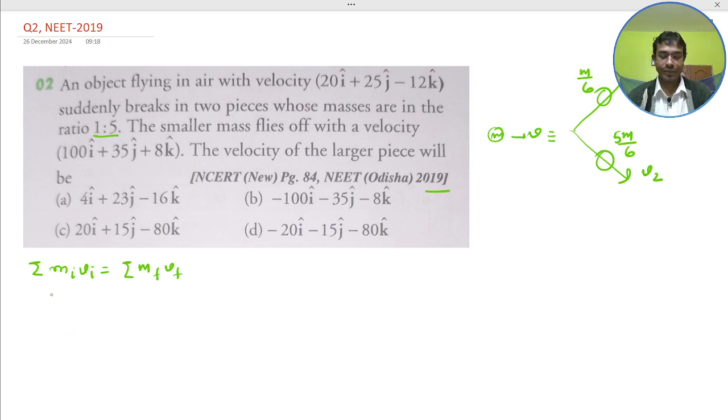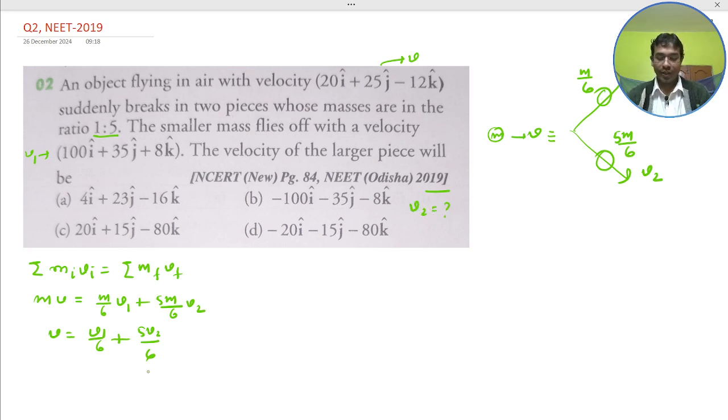After breaking, m by 6 v1 plus 5m by 6 v2. Given v and v1, you have to find v2. For finding v2, you just put these values in this equation.